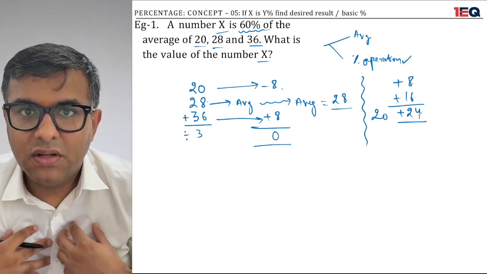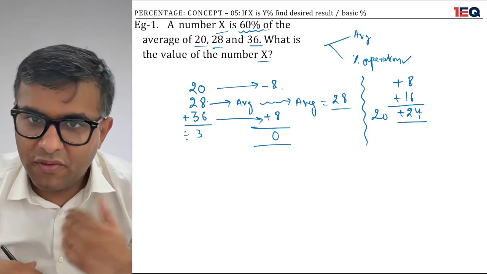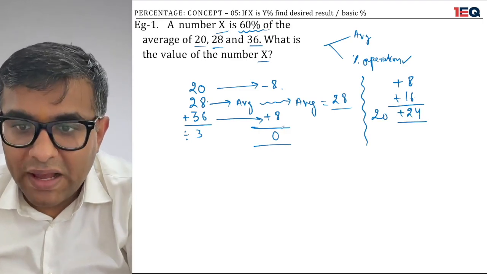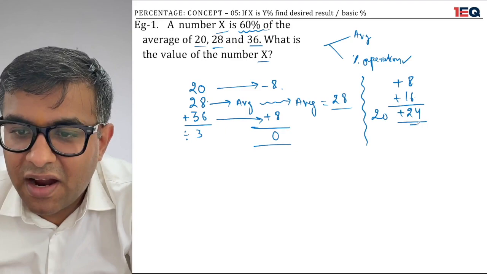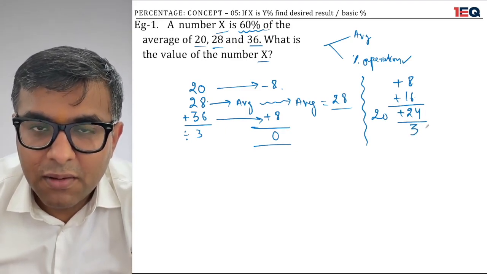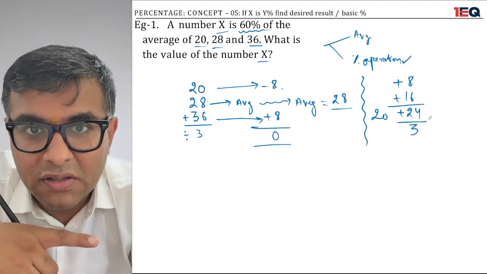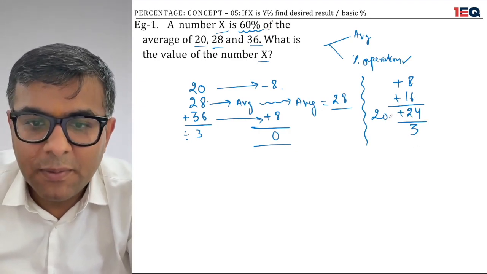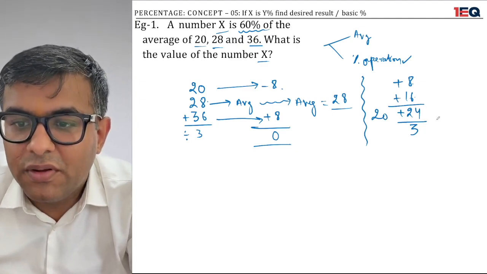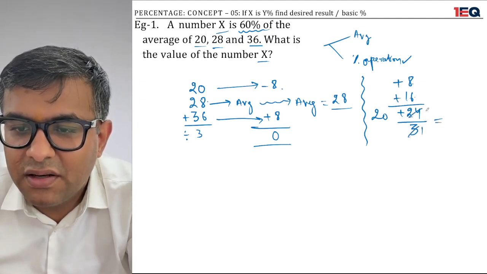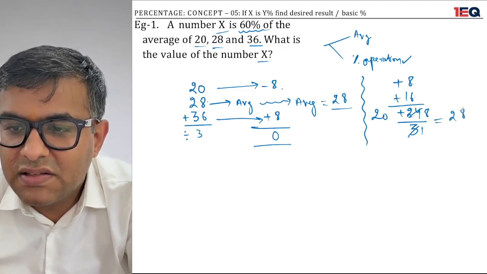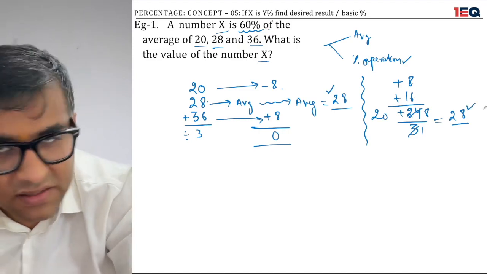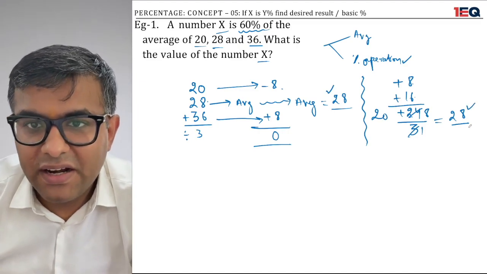To apply the same logic to 24, I would divide 24 by 3, because it is supposed to bear the load of all the three partners. So 20 plus 24 upon 3. 24 upon 3 is 8, since 3 eights are 24. So the answer comes out to be 28. The answer in both the cases is the same, 28 and 28.